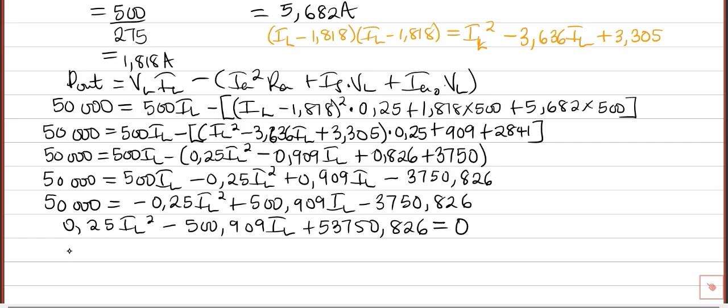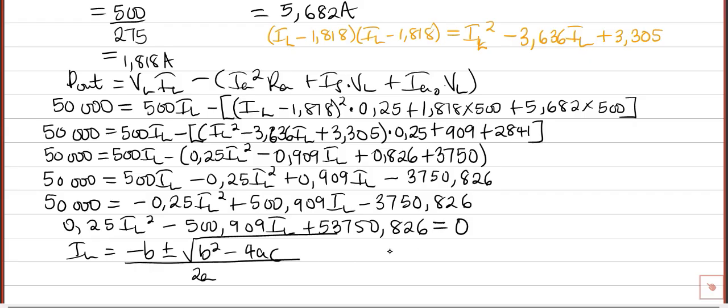So thus we're saying IL equals to minus B plus minus the square root of B squared minus 4 AC all over 2A, where our A equals to 0.25.